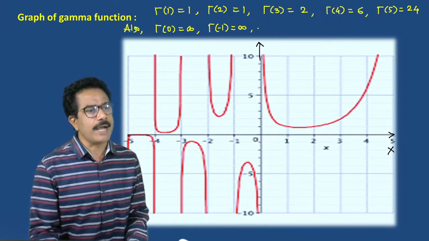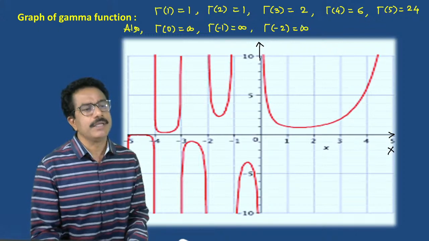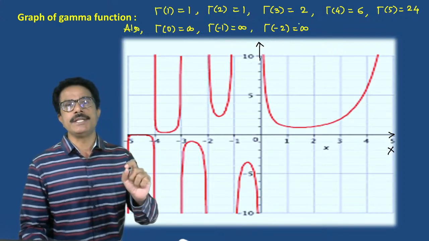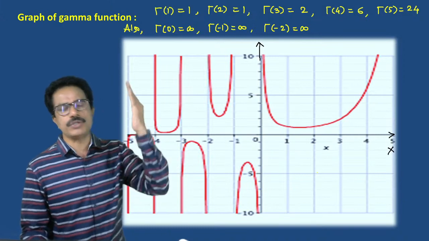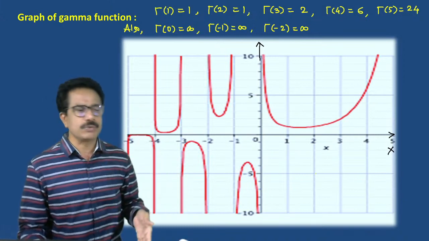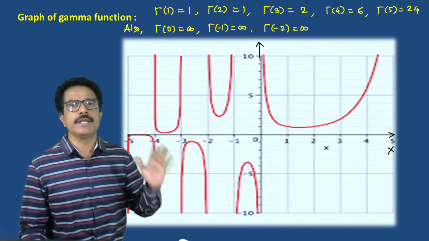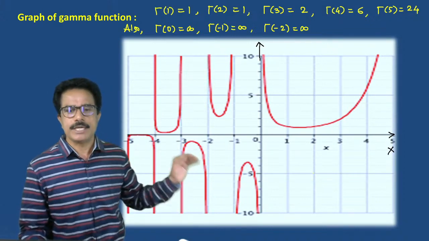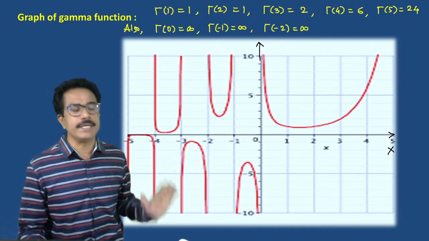Gamma minus 2 again tends to infinity. We know that gamma of a negative integer always tends to infinity; it may tend to positive infinity or negative infinity, it is no problem. We shall discuss this later on in detail, the concept of positive and negative infinity.